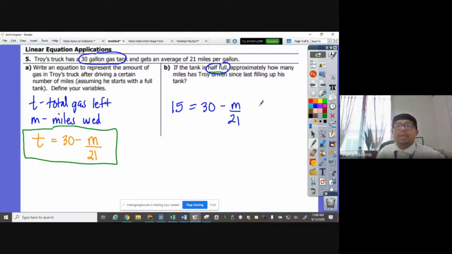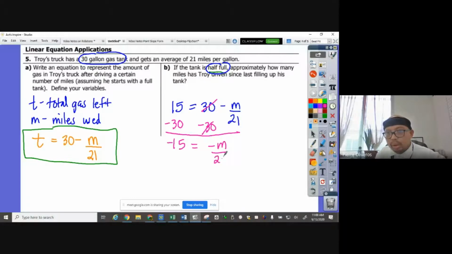From here, you're going to solve the equation. Okay, so minus 30 here, this will cross out. This will be negative 15 is equal to negative M over 21.